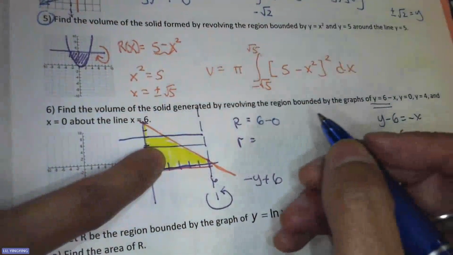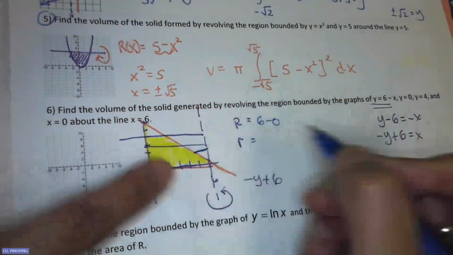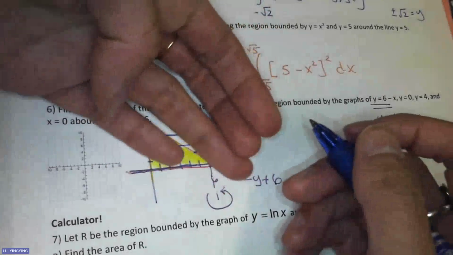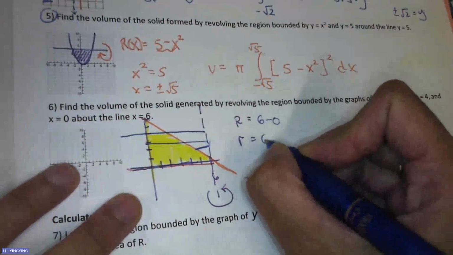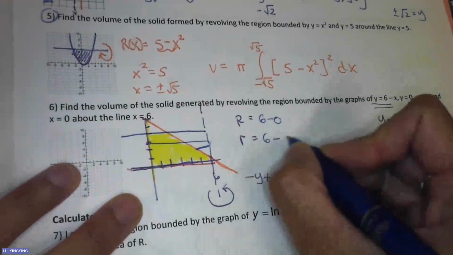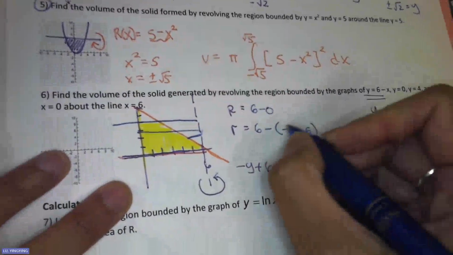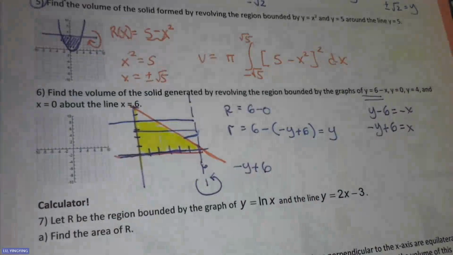So what is small r? 6 minus the curve. Agree? This inside part we don't want, we want to take away the inside. So that is 6 subtract the curve, which is this. Obviously, you can simplify that. That's just y, if you distribute the negative.